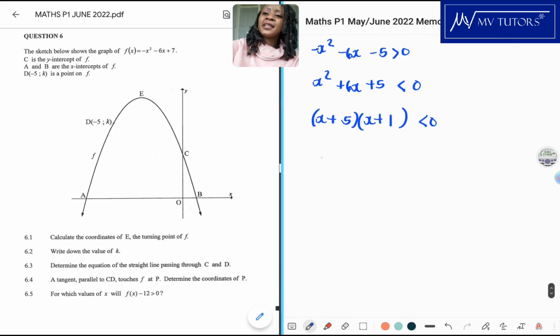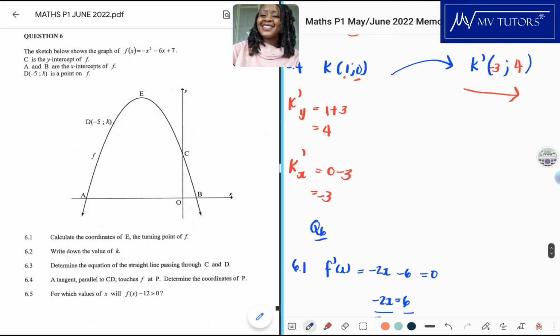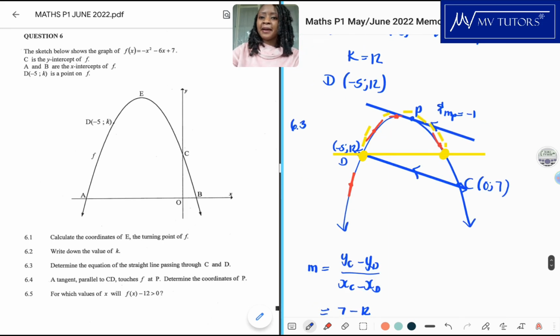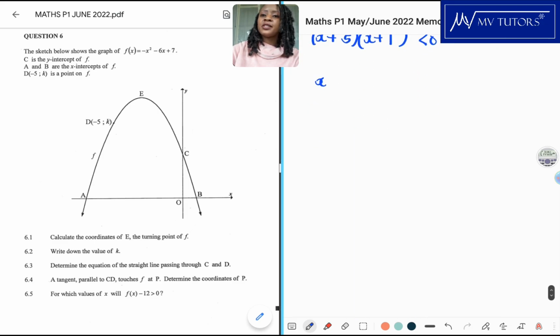So basically then, the value of x would be smaller. Okay, going back to my sketch. Remember I said one of the x values is -5, and the other x value would then be what I solved now, which is -1.